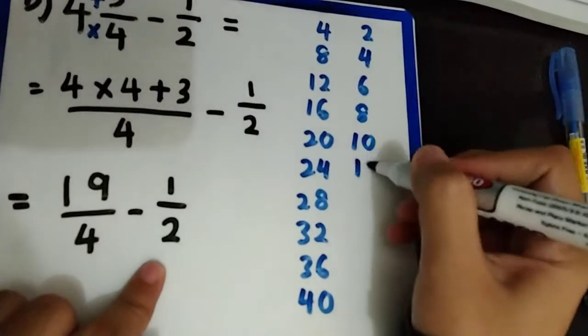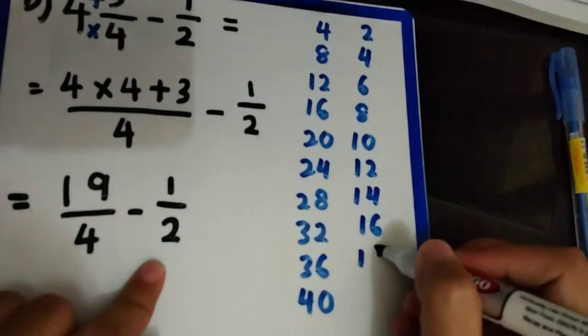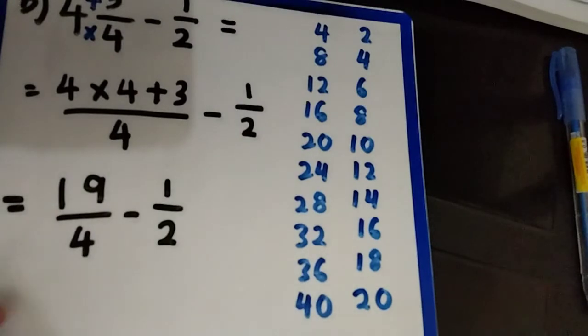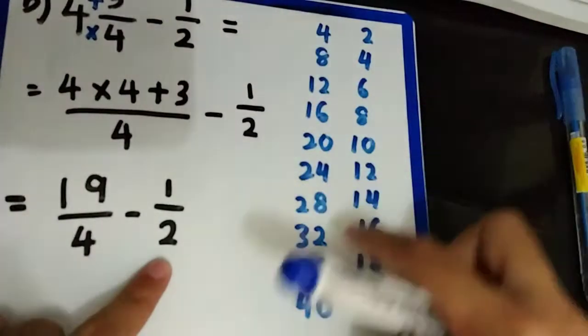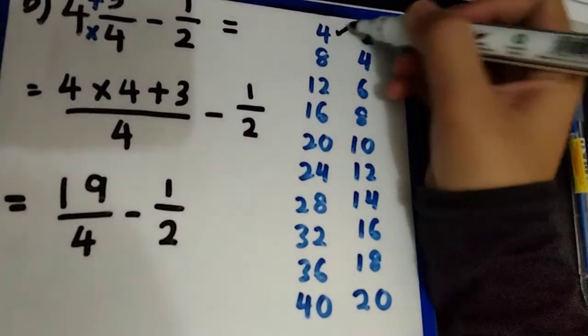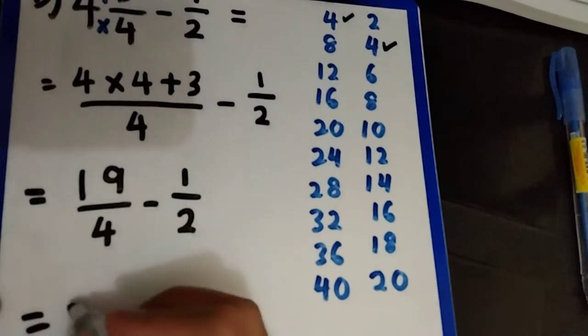Then you have to find out which number is in both multiplication tables. Let's look. So 4, the smallest common number.